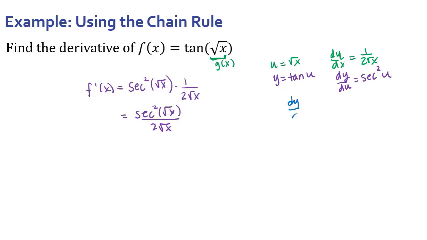So dy over dx equals dy over du, which is secant squared of u, times du over dx, which is 1 over 2 root x. And then I have to substitute in what u was. So u was the square root of x. So you still get the same answer. Whichever way makes the most sense to you is what I would recommend using.